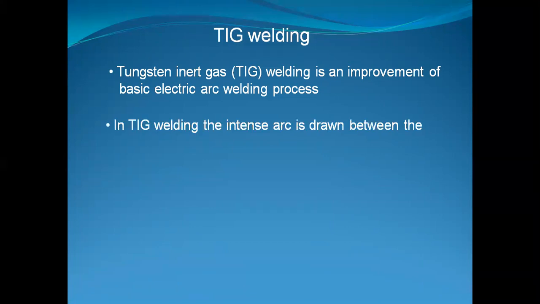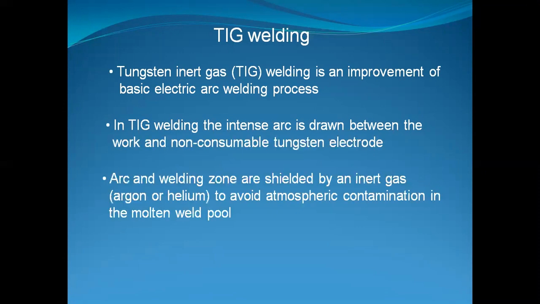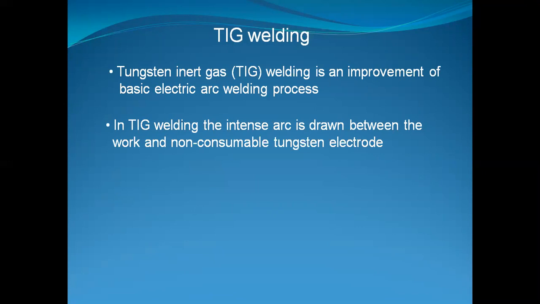In TIG welding, the intense arc is drawn between the work and a non-consumable tungsten electrode. Generally, in the arc welding process, we use a consumable coated electrode, right?